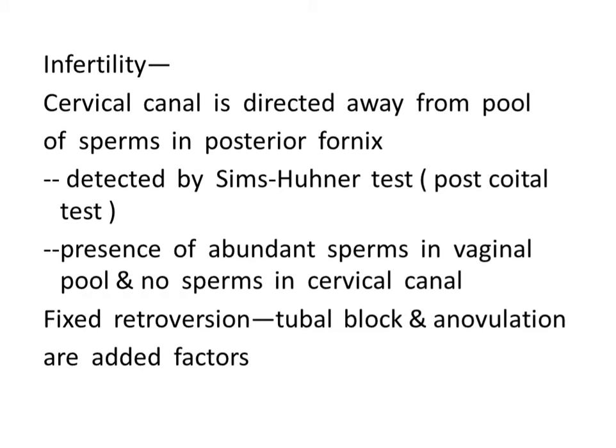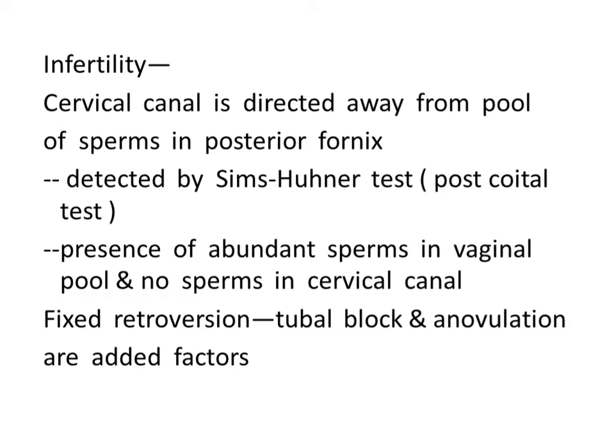Now, infertility. Why may infertility be present in a retroversion? Because I told you, in a retroverted uterus, where is the cervical canal directed? The cervical canal is directed anteriorly, so the cervical os is facing the anterior fornix. During coitus, the semen is deposited in the posterior fornix, so all the sperms are there in the posterior fornix.